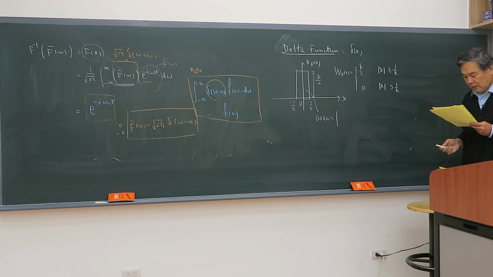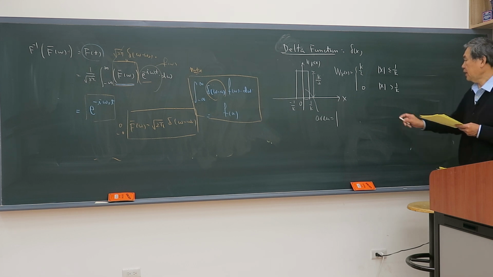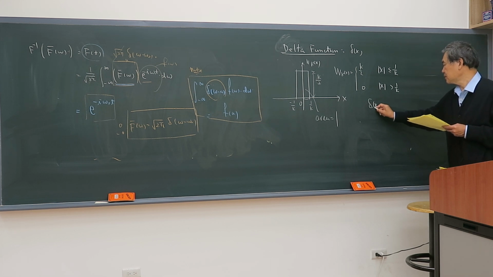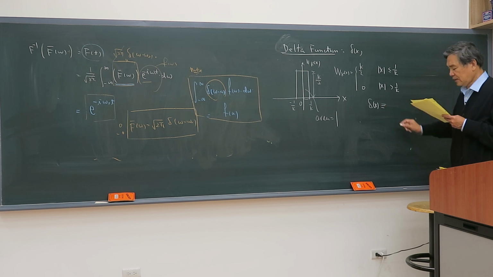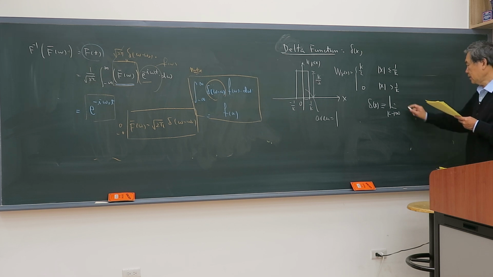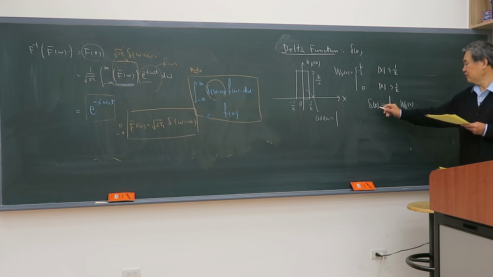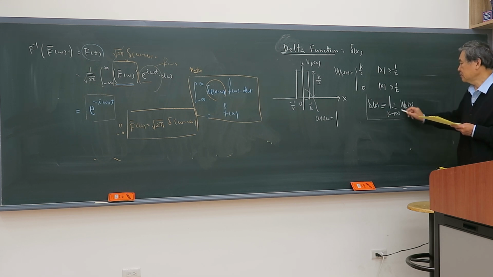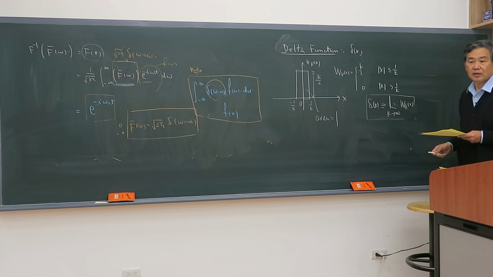Then delta x is defined as the limit, k approaching infinity, of w_k(x). This is the definition of the delta function.